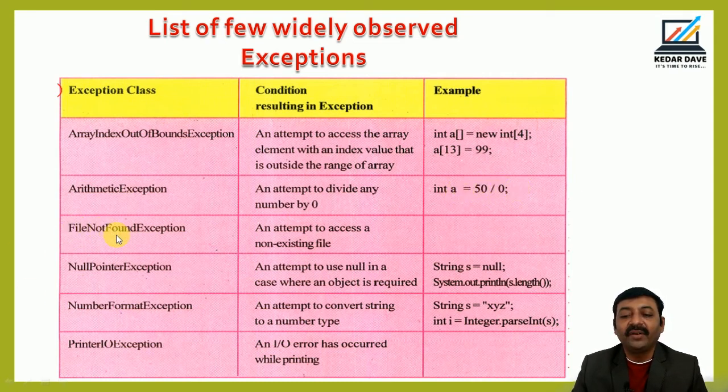Next, FileNotFoundException: an attempt to access a non-existing file in your system will display this exception in your Java program. After that, NullPointerException: an attempt to use a null in a case where an object is required. String s = null, and System.out.println(s.length()). So it will display NullPointerException.